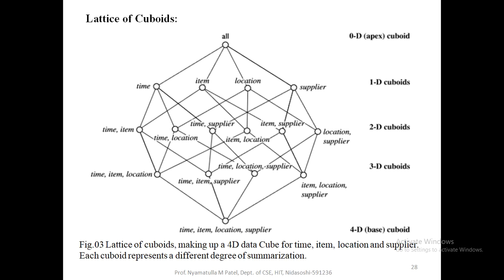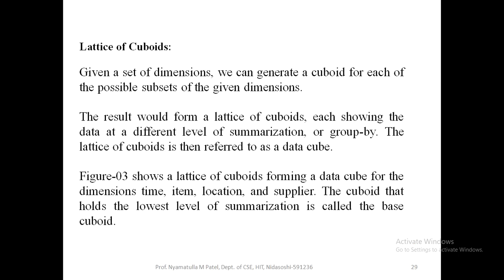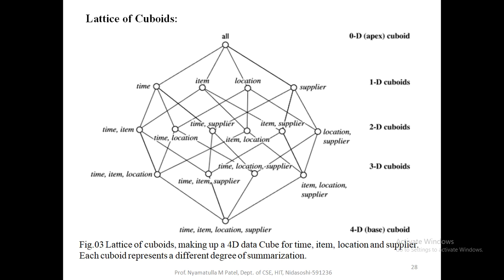Whatever level of data you want, you can extract it from the lattice of cuboids. Either you can get all the data, or if you want only data related to time, item, location or supplier, you can extract it from the 1D cuboid.